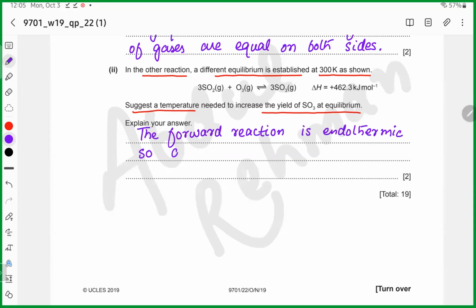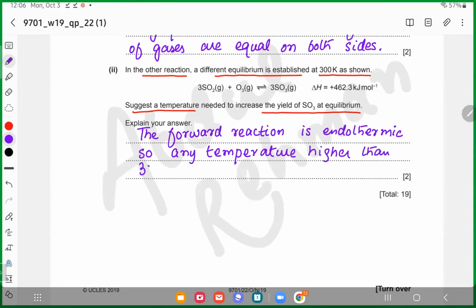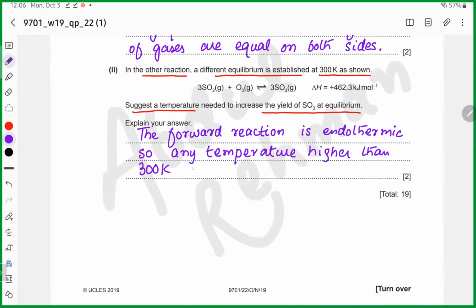So any temperature higher than 300 K will increase the yield of sulfur trioxide. Yes, is this clear?